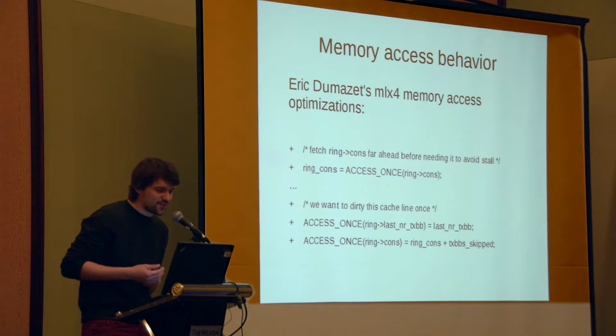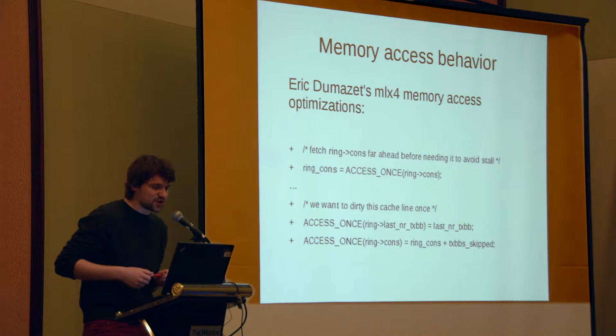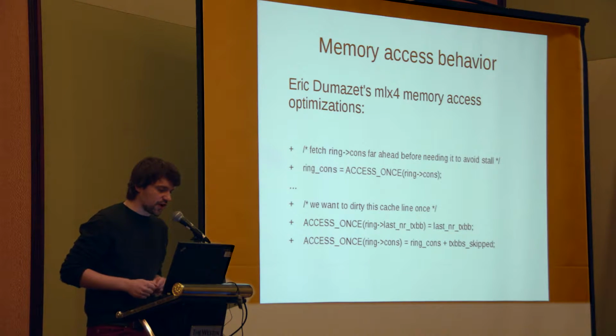I took the examples from Eric Dumazet's patch, which I actually didn't know gives such a big difference in performance, where he mostly just removed the read-modify-writes in the MLX4 code path by using volatile reads and volatile writes to the ring structures, and it reduced false sharing quite a lot.